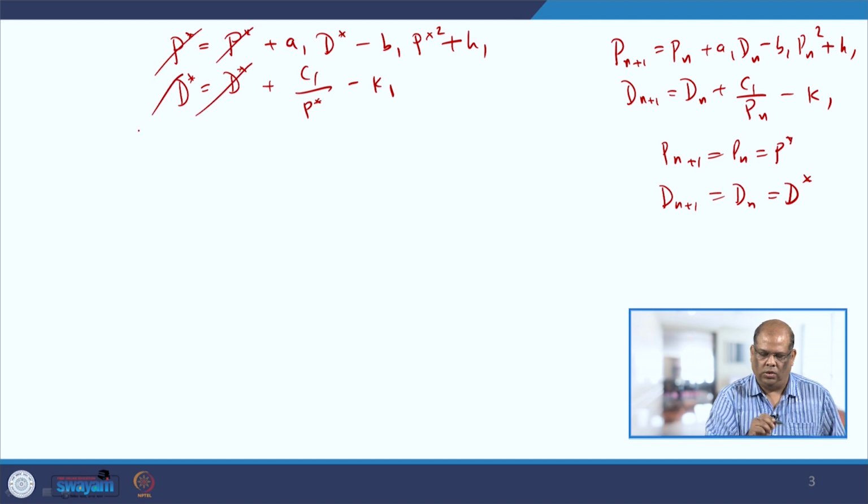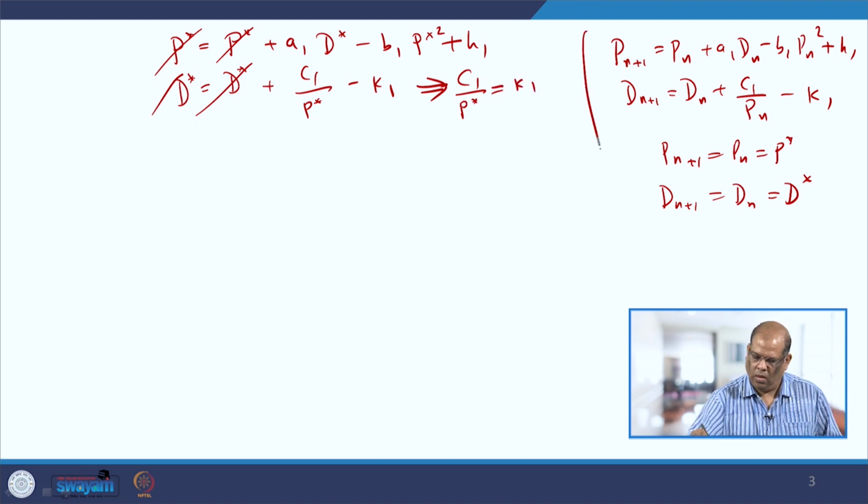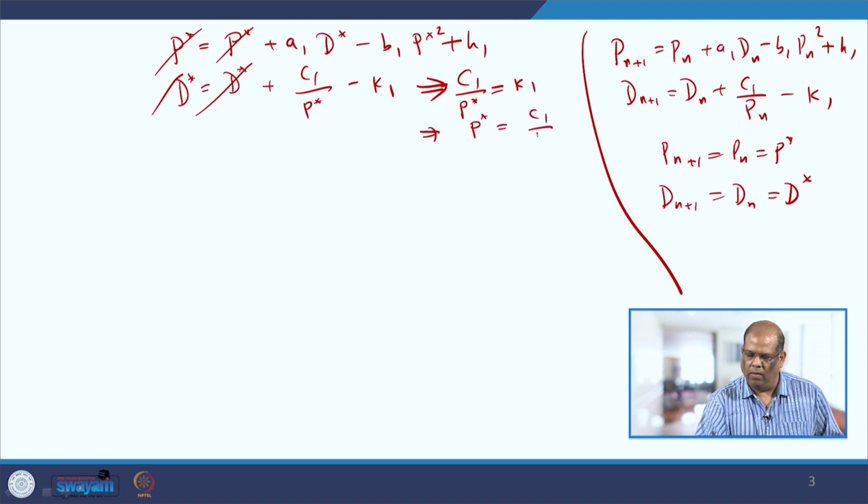So these cancel, and from here we get C1 by P star equal to K1, and this implies P star equals C1 by K1.